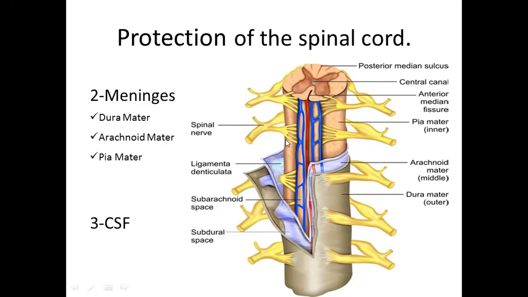This is the spinal nerve, which appears attached to the spinal cord segment. Okay, the spaces: this is the epidural space outside the dura, this subdural space is the potential space. Here, this is the subarachnoid space containing the CSF.